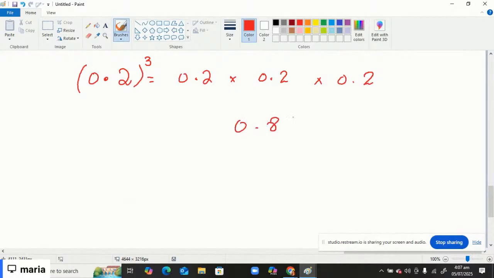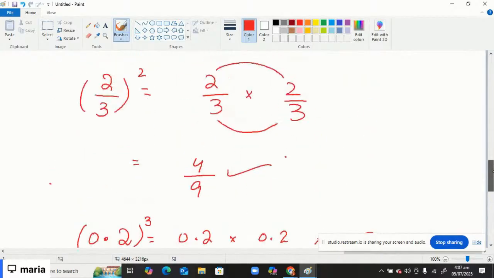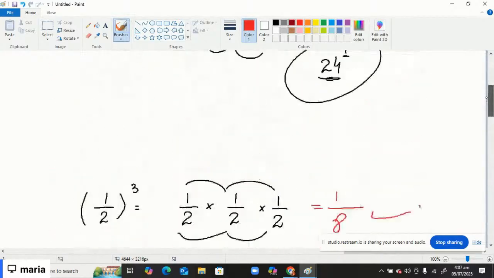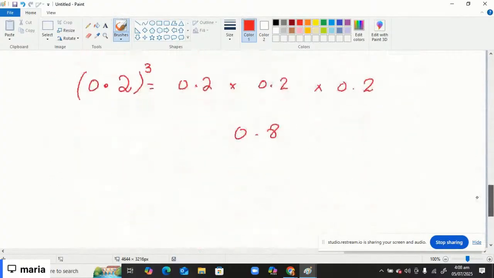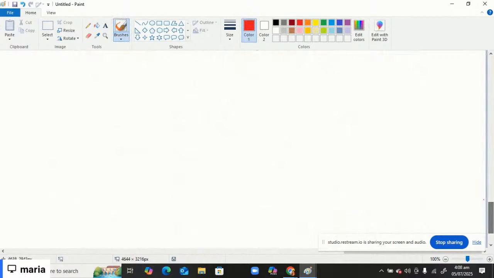Now if we have a decimal with power of 3, it means 0.2 times 0.2 times 0.2. So this answer is 0.008. The rule is the same for all numbers, whether in the form of a fraction, a whole number, or a decimal.